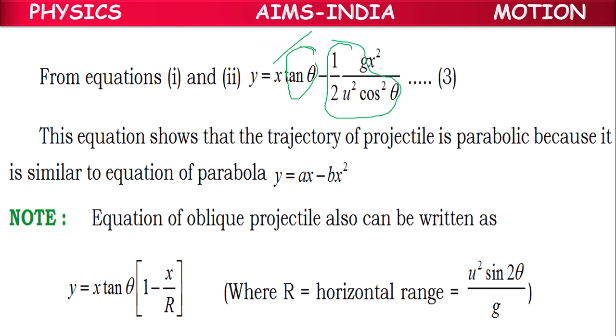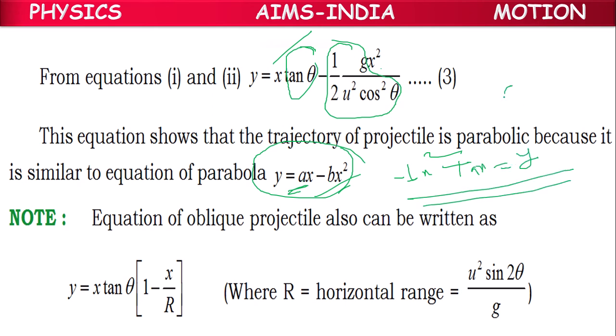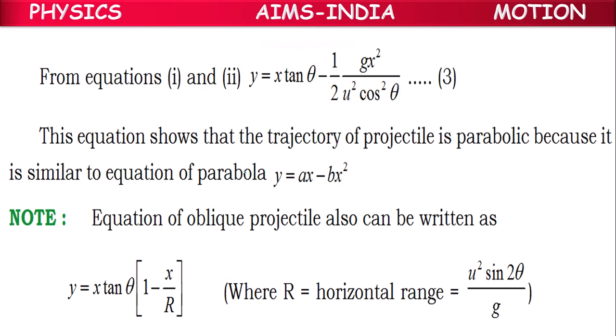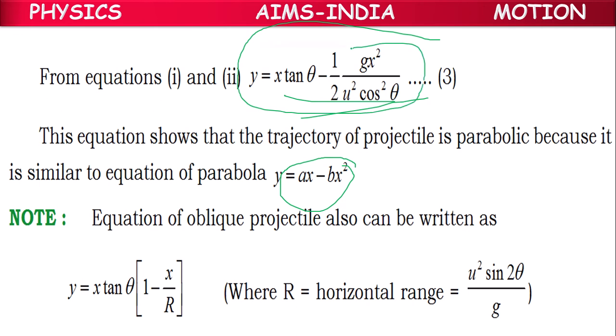If this tan theta we take as a, and whatever term we have before x square we take as b, then we have the equation y equal to ax minus bx square, or minus bx square plus ax equal to y, which is in the form of ax square plus bx plus c equal to 0, a quadratic equation. So the equation of oblique projectile, or equation of trajectory, is in the form of a quadratic equation.